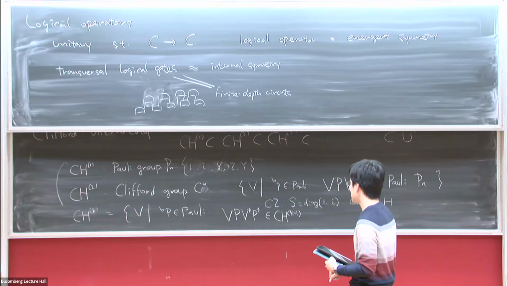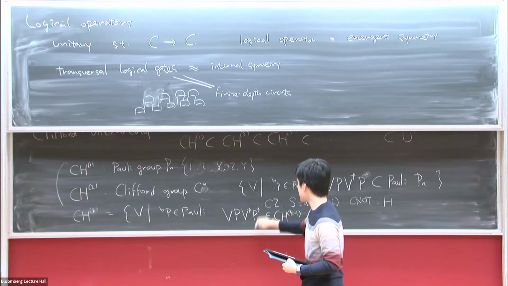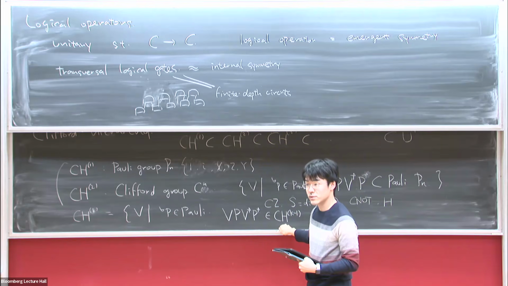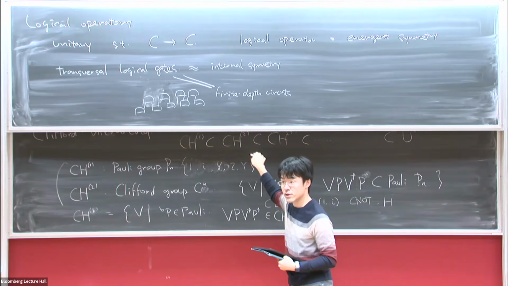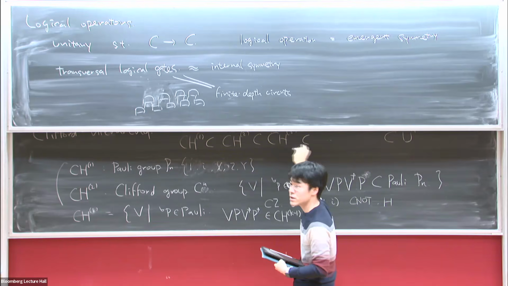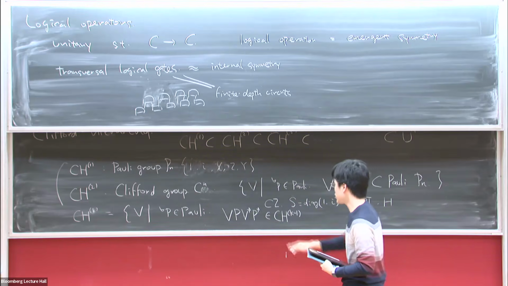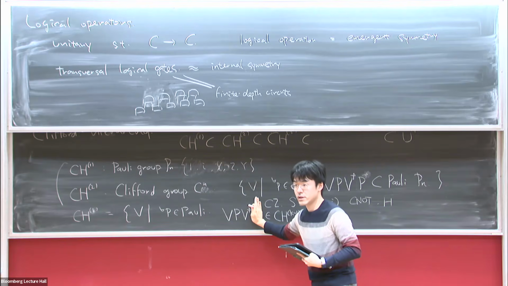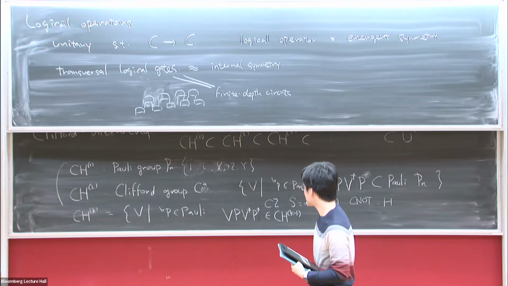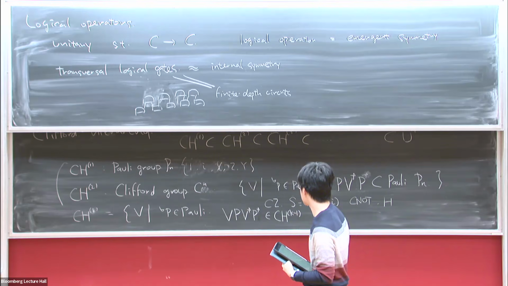Well, it's an inclusion structure, so P is also included in CH K minus 1. So in particular, in any group of the hierarchy... But if P is in CH K minus 1, it's not going to be in CH K again in place.